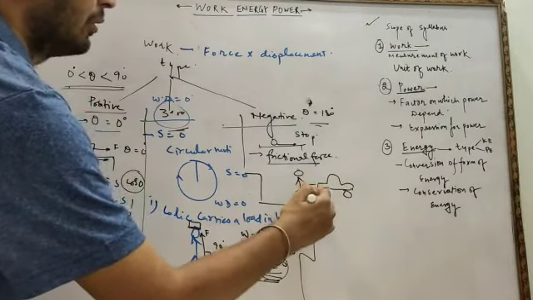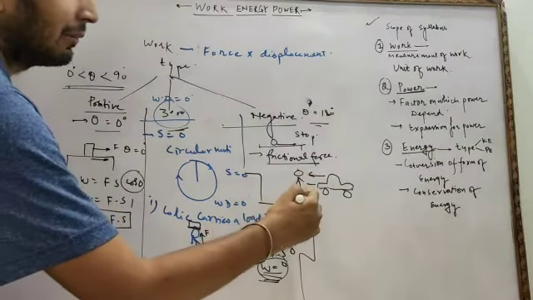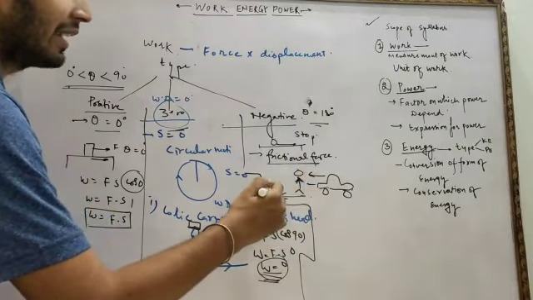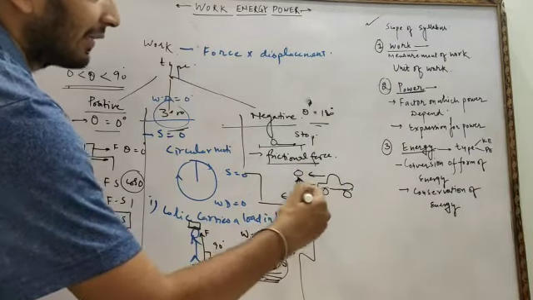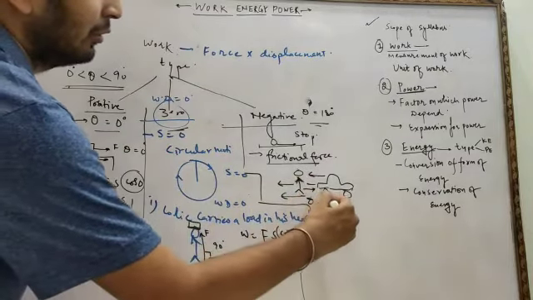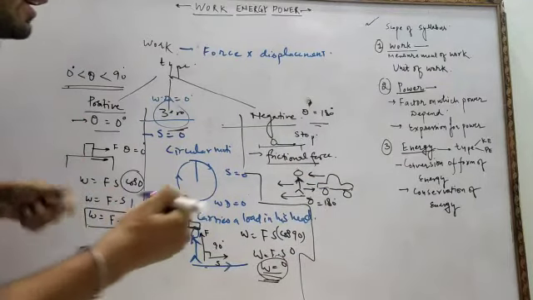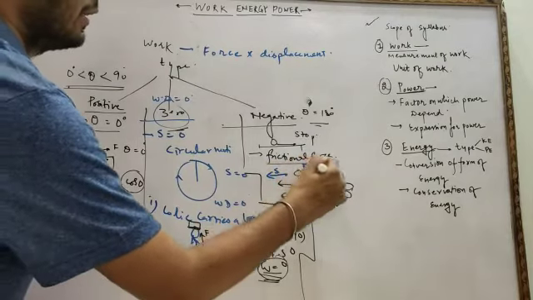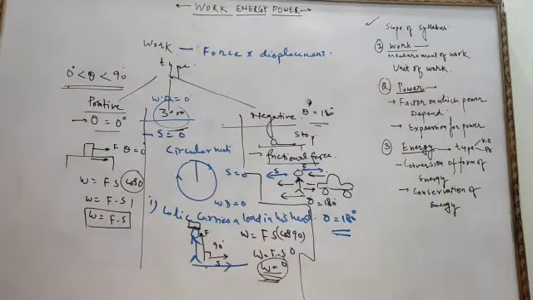So the car is moving in this direction, and the person is trying to stop this car, and due to the force exerted by the car, the person is again moving in this direction, because while the person is applying force in this direction, ultimately he is moving in the opposite direction. So here theta equals 180 degrees, because the force applied by the person is in this direction, but ultimately the displacement of the person is in this direction. So the work done will be negative.